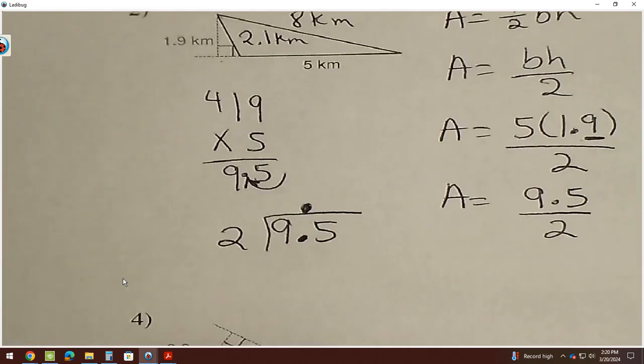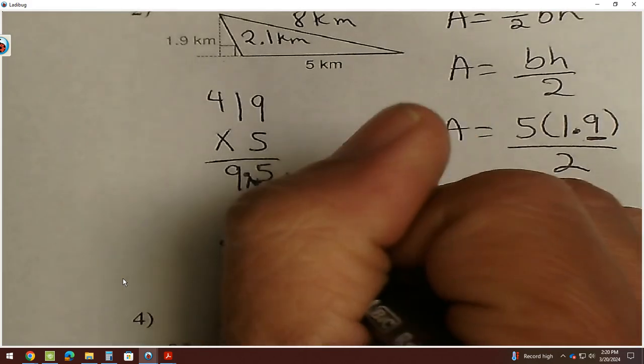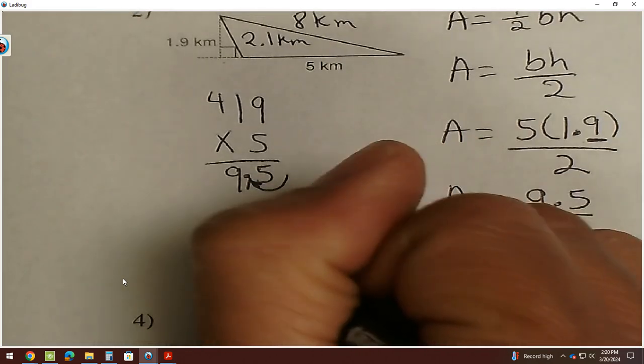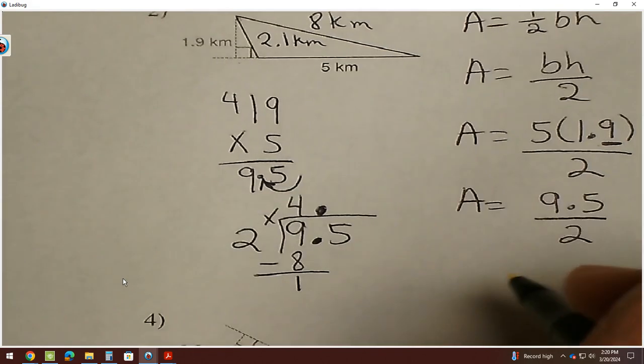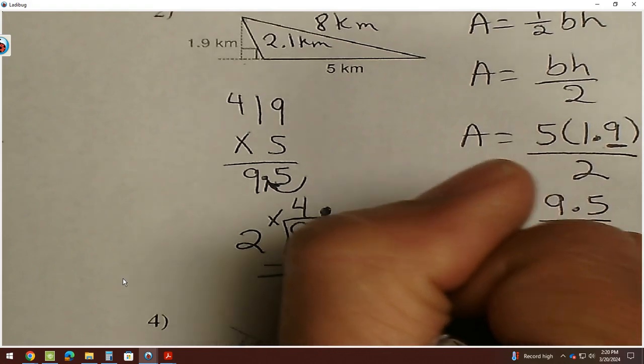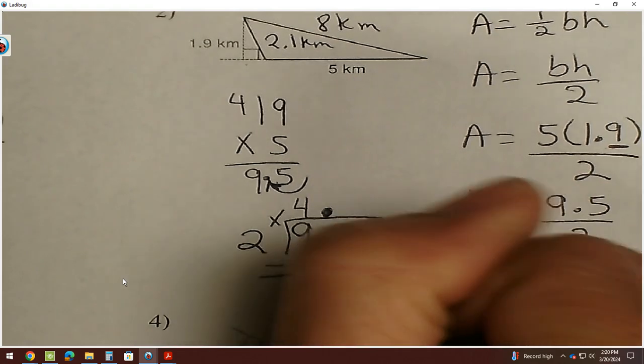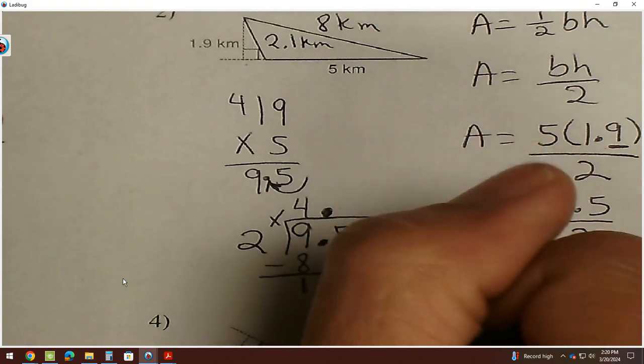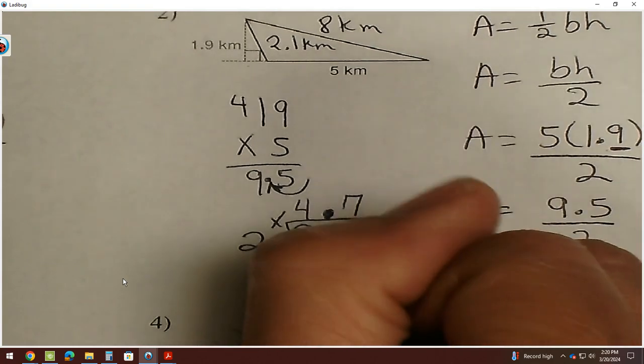And we start dividing. 2 times 4 gives me 8. Okay, so I'm done with the first place value, now I'm going to go with 5. And we have the number 15. 2 times 7 gives me 14, close to 15, it will be 7.